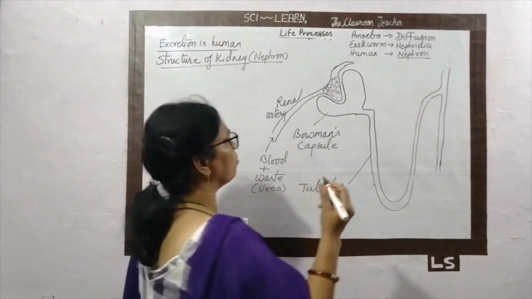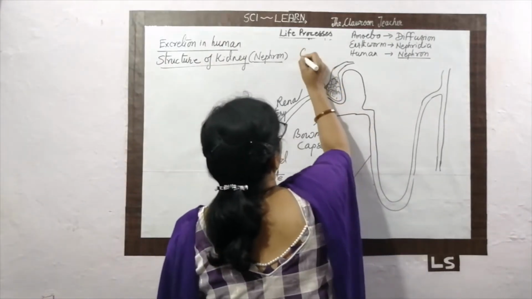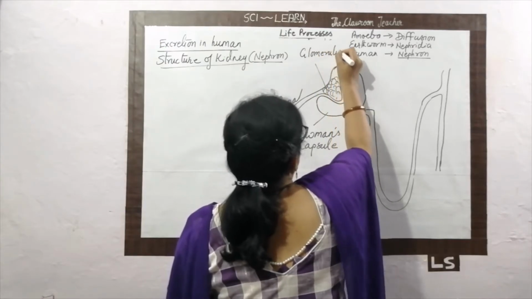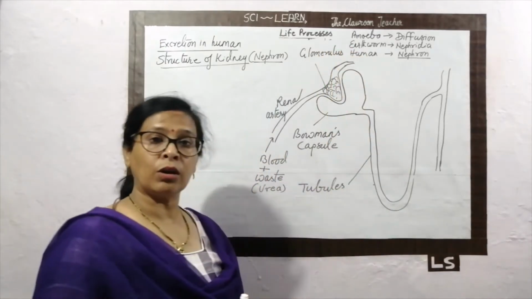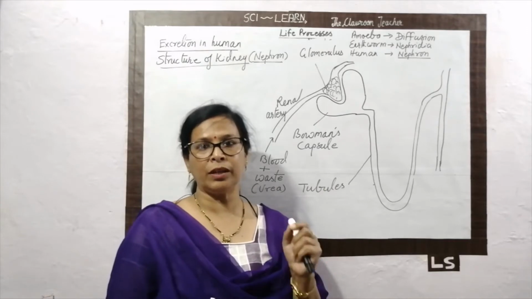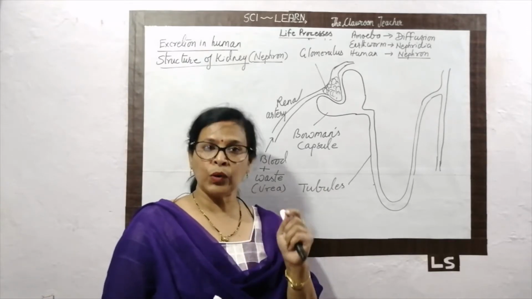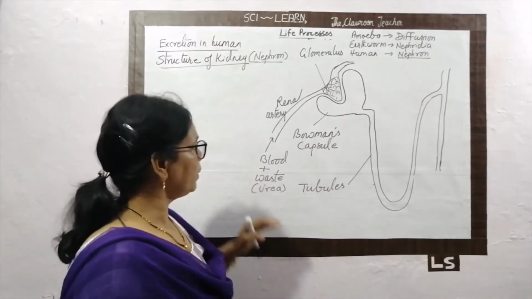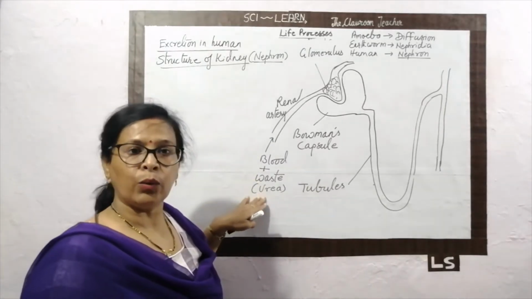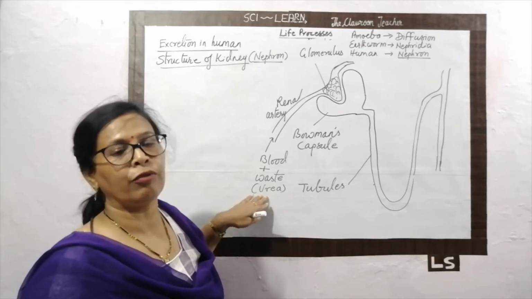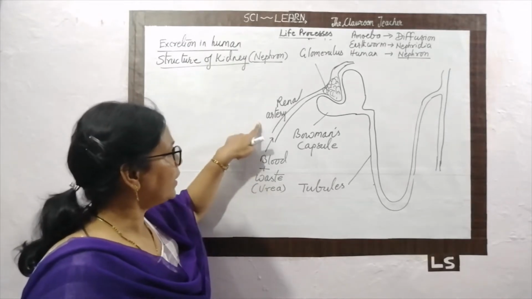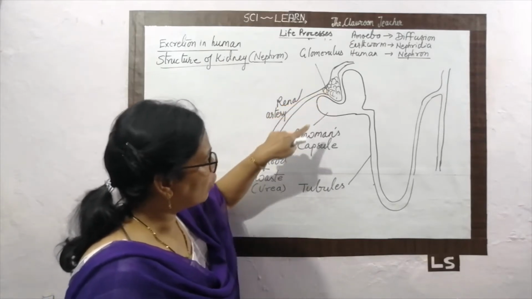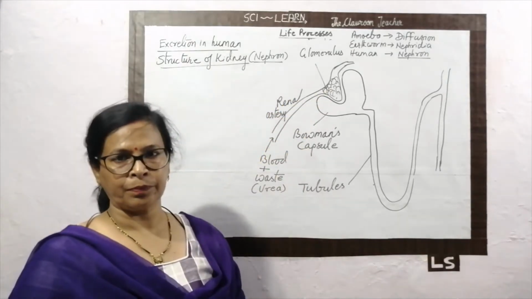This is a very important part called the glomerulus. What is called the glomerulus? It is a very important part. The plural of glomerulus is glomeruli. The blood which contains waste or toxic substances in the form of urea is brought by the renal artery to the glomerulus of the Bowman's capsule.